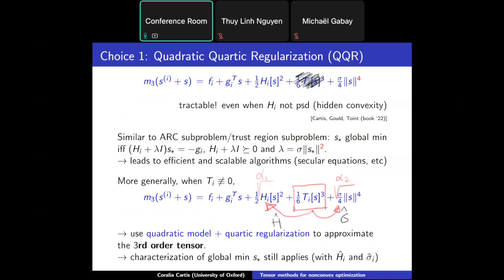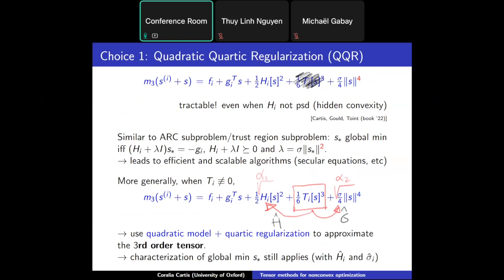Let's make it an integer so that it's a polynomial, but it doesn't have to be. This I can solve tractably using ideas from, you can view it as the S lemma, kind of, you can view it with trust region characterizations and so on.